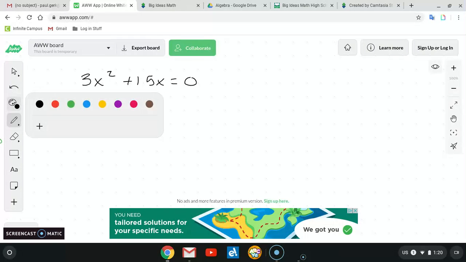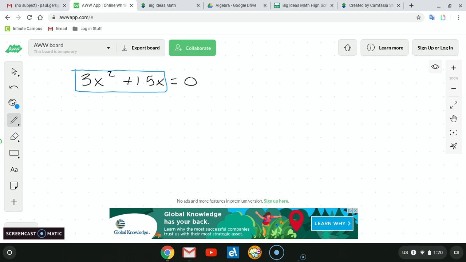So what we need to do is factor out using the GCF. We're going to come back to this in just a bit, but we're going to factor that binomial first. So what's the GCF of 3x squared plus 15x?